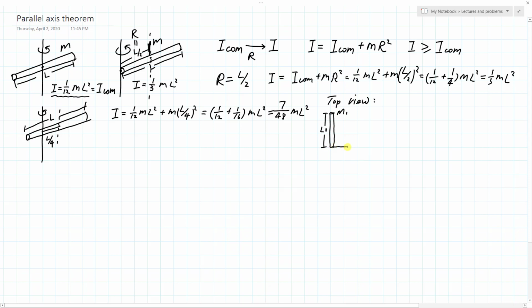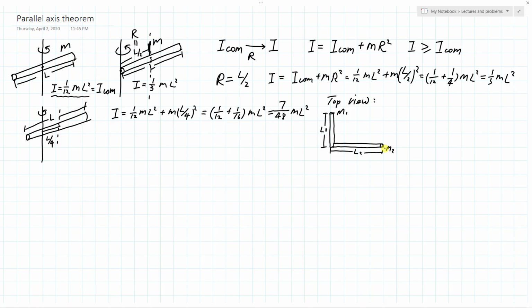And we'll just stitch it together with another rod, and we'll forget about the diameter of the rod. So we'll just say this is L2, and its mass is M2. So it's kind of a little L shape. Could be an L bracket.